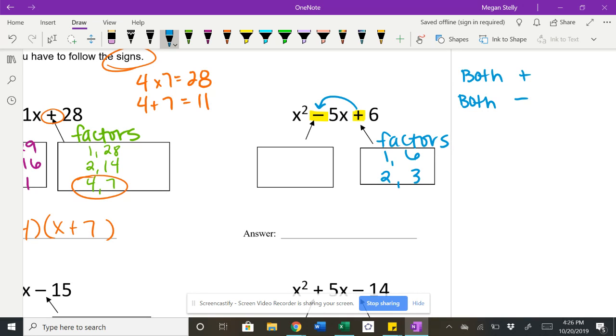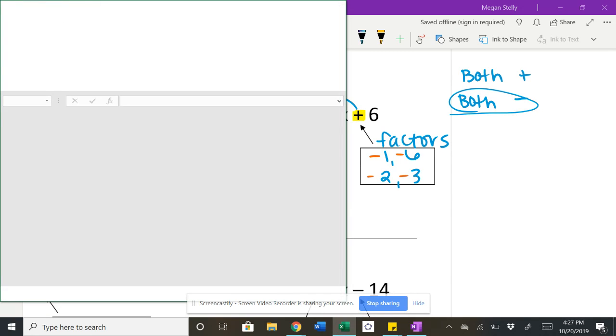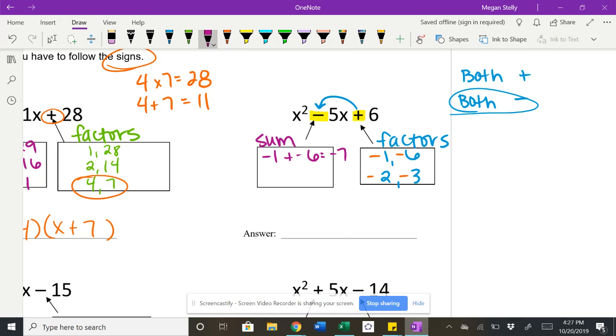Well, if I need them to add up to a negative number, my only option is that both of them need to be negative. So I'm going to list my pairs as both being negative: -1, -6, -2, -3. Now we can do what we did last time to get the sum. -1 plus -6 is -7. -2 plus -3 is -5.